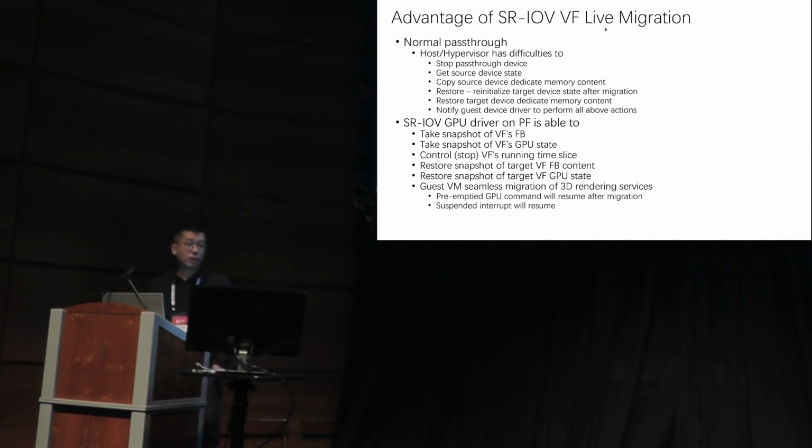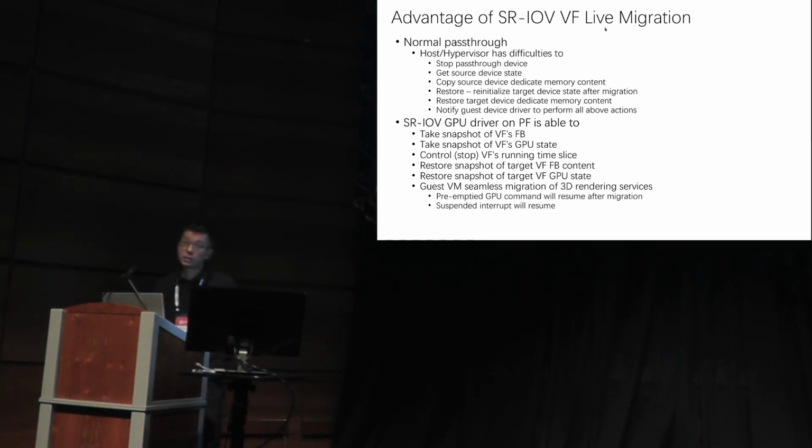Normally, when you have pass-through devices, like we talked about a lot in the live migration solutions today and yesterday, the hypervisor has some difficulties. Either you have to implement something special in the guest driver, like stopping the device, or getting the device state.